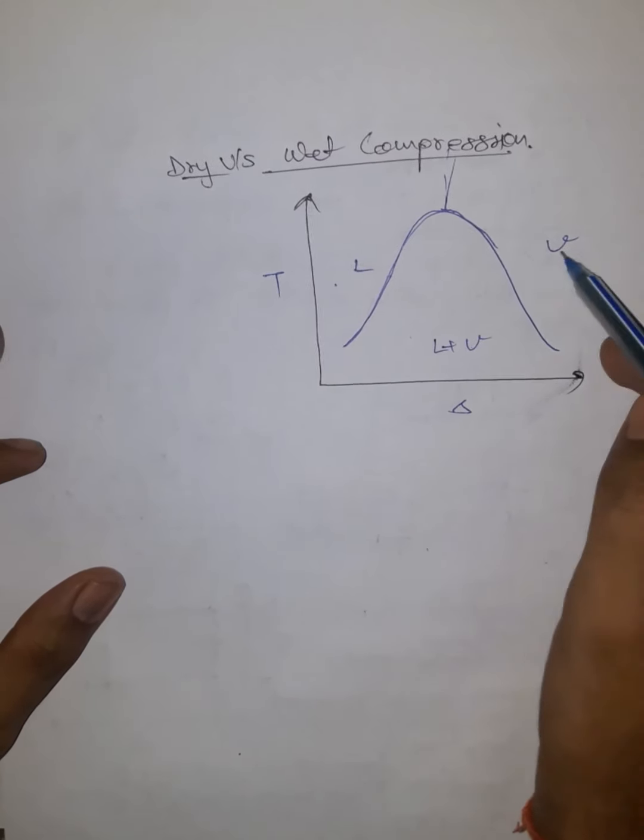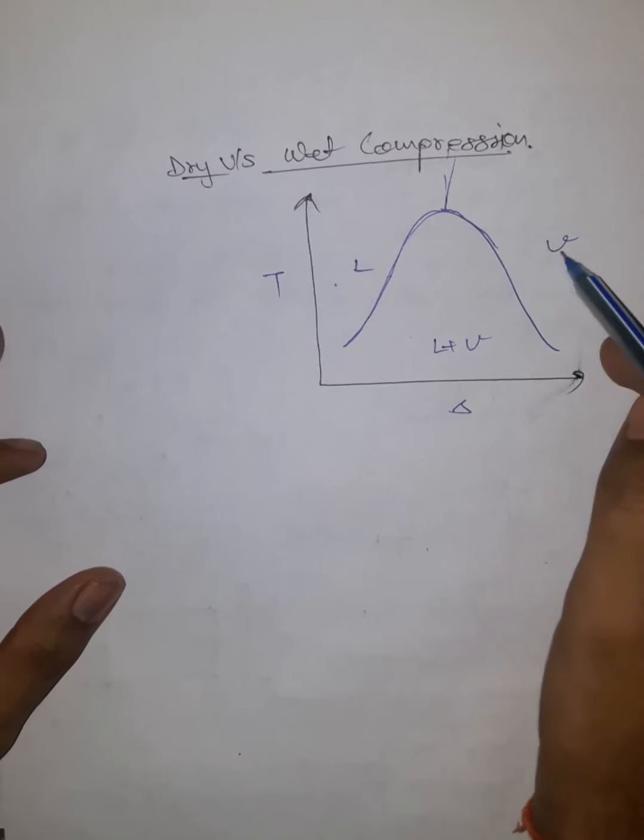But after this line, there is only the pure vapor. Okay, this region is also known as superheated region. There is no moisture content present after this line in the mixture. So this whole region is also known as superheated region.